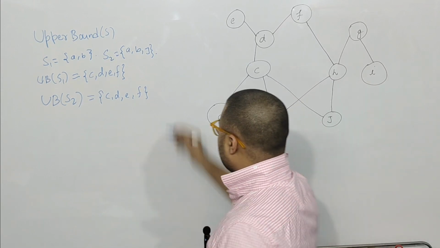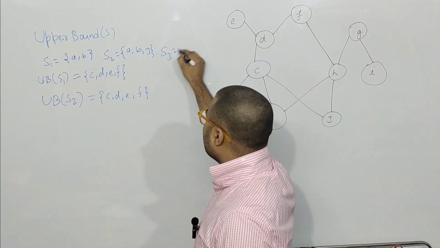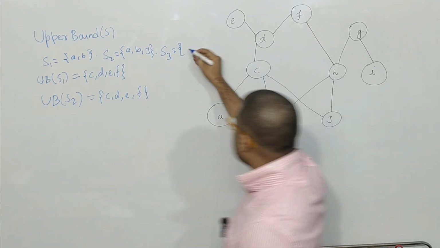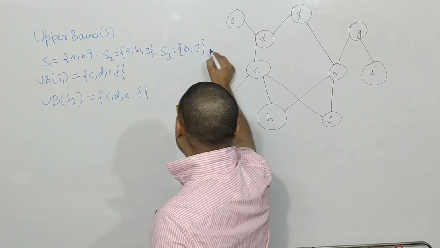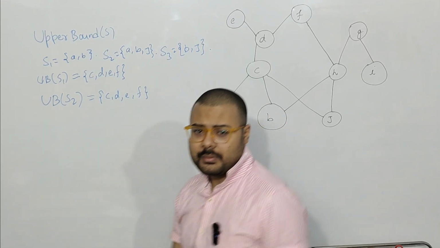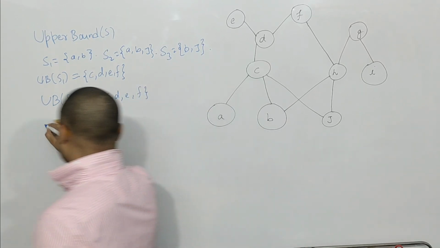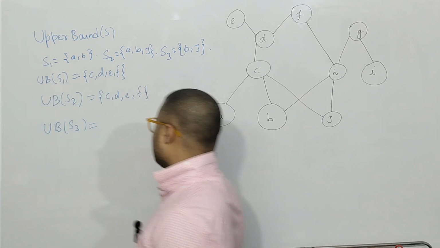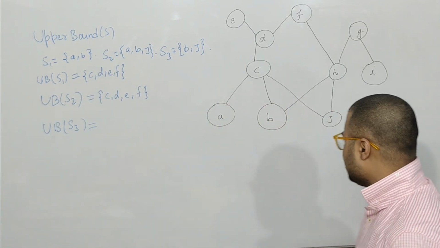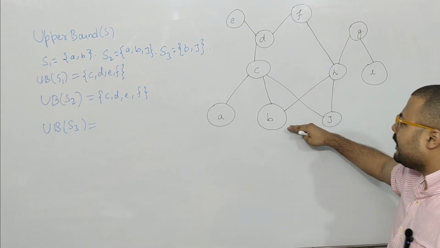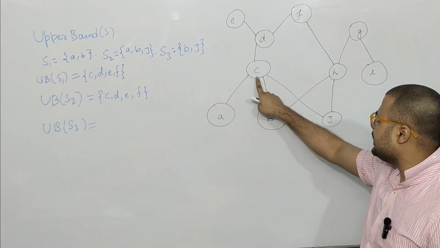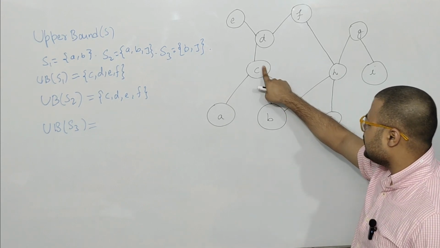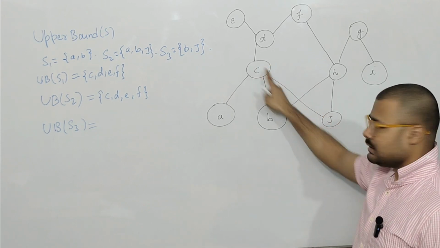Let's take S3, which is B and J. Then what is the upper bound of S3? You go one step from B, you get to C and H. So first you get to C. Is C your joint point?